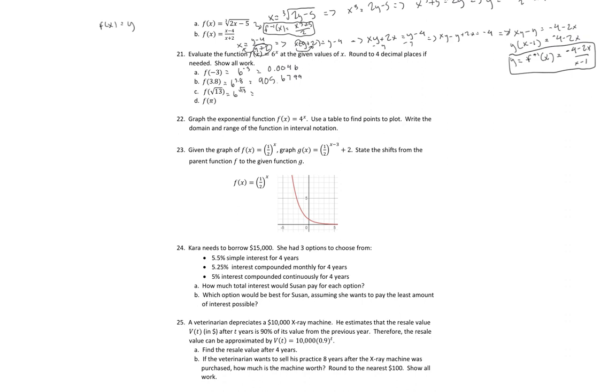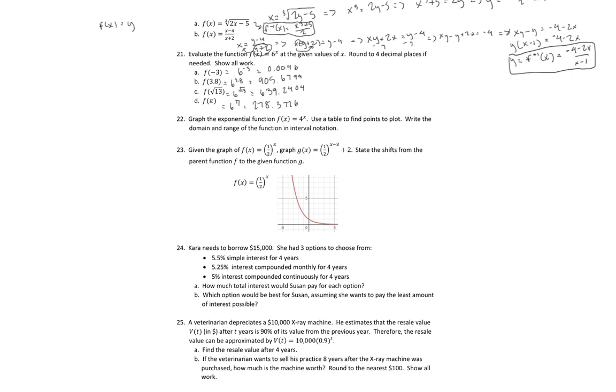And so then that's going to be equal to 639.2404. And then f of pi is going to be equal to 6 to the pi, which is just going to give us 278.37776.